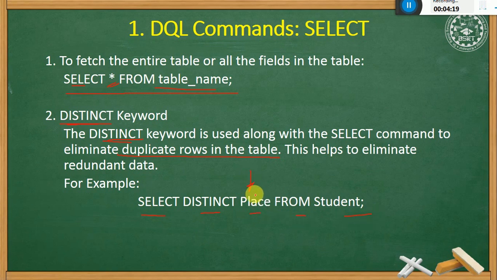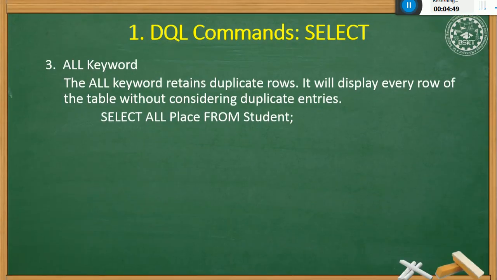Place is a column, such as Sangli, Kolhapur, that is a location. So select distinct place from the student table will display only unique places. If there are 10 entries of Kolhapur, only a single entry will be displayed. That is called distinct. So that is the second type used in the select.